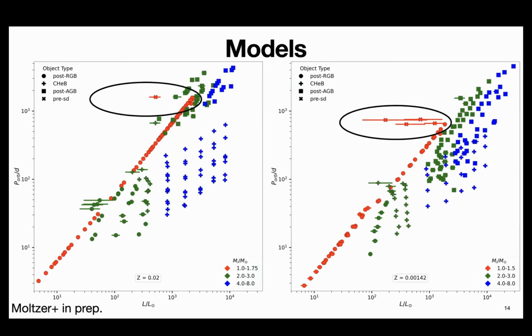This is also the case for the next class of objects, which are denoted here by the crosses, the pre-subdwarfs. So what's going on here is that the post-RGB star, during the mass transfer, its core has just become massive enough for helium ignition to occur. So it will start moving to the extreme horizontal branch.